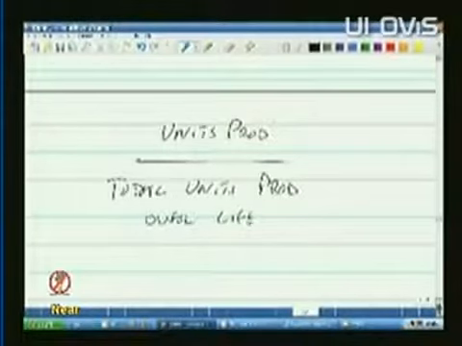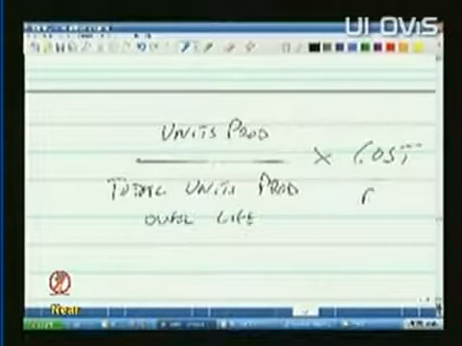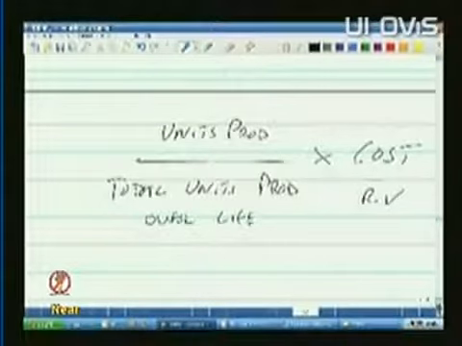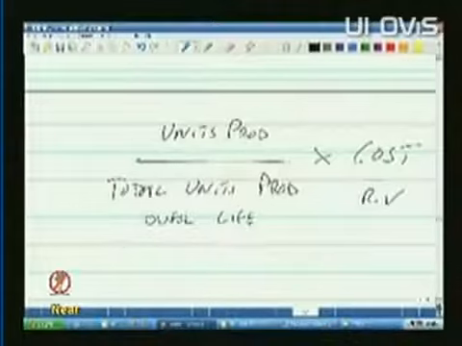That gives you the proportion that you multiply by the actual cost of the asset, and that's cost minus residual value. So it's very similar in a way to the straight line method and the reducing balance method combined. So you're recognising it based on the actual cost price of the asset, but you're spreading it over the life, and you're relating it to actual direct levels of production. So a lot of manufacturing companies prefer to use this method just because it gives them a more accurate accruals based approach to depreciation.